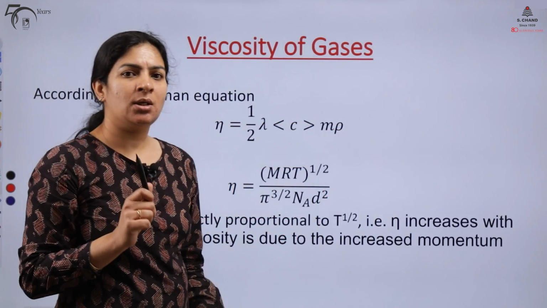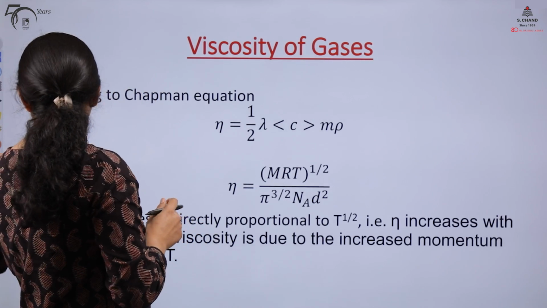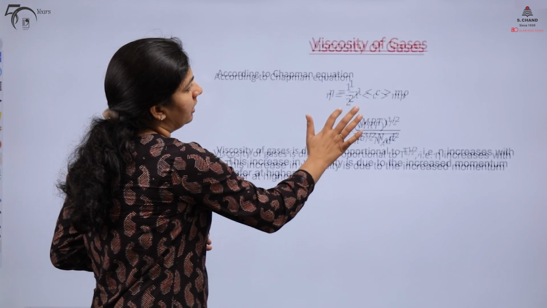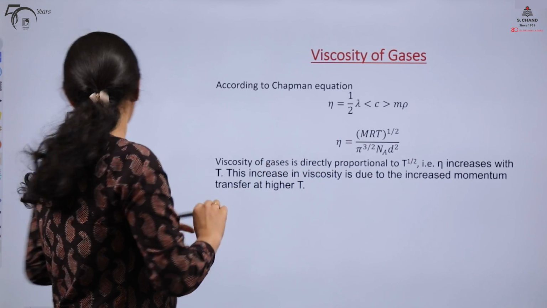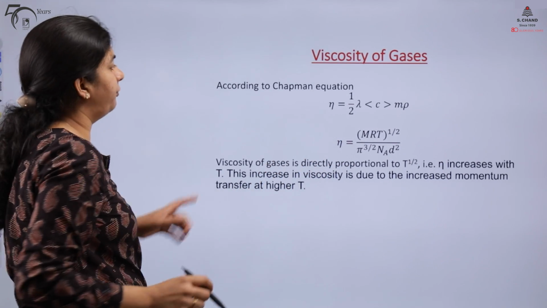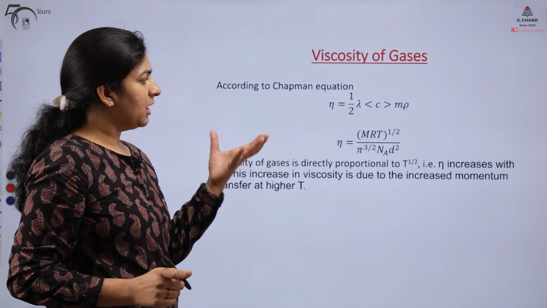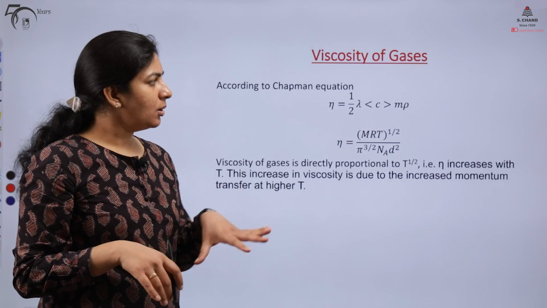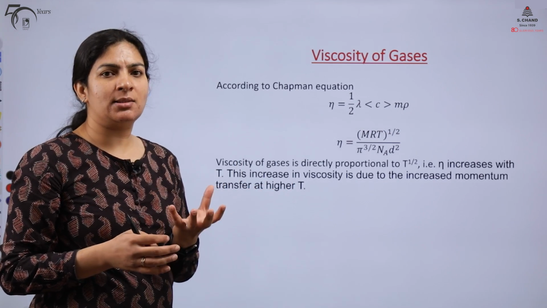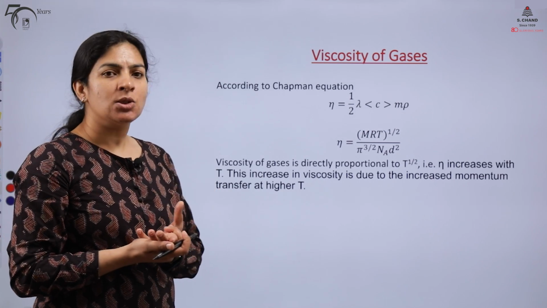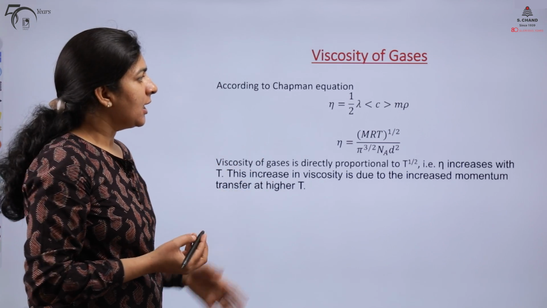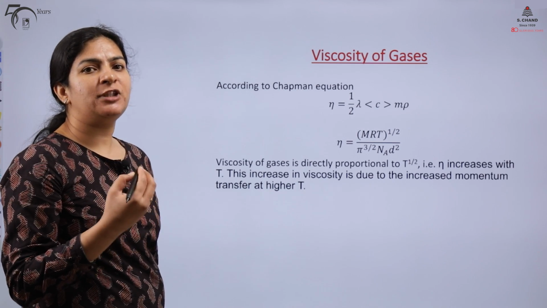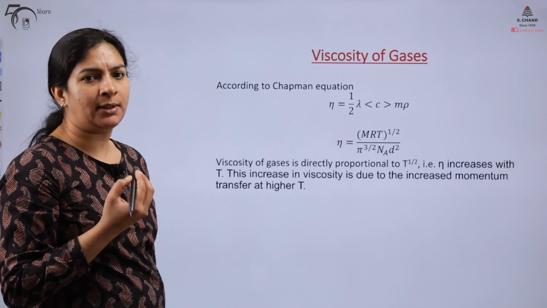And the last property, which is again a very important property related to the mean free path, is viscosity. We all know that fluids have viscosity. Viscosity arises in gases because of the transfer of momentum.